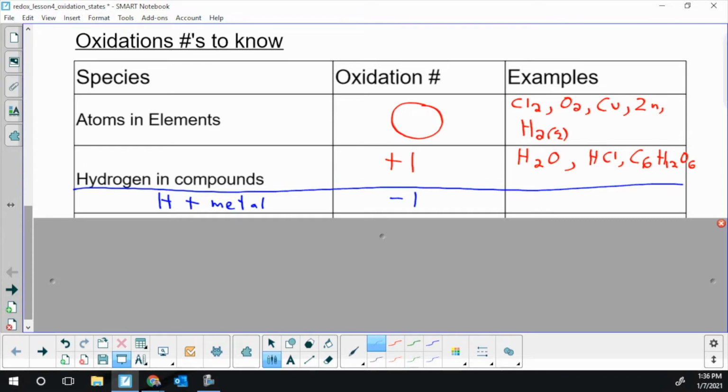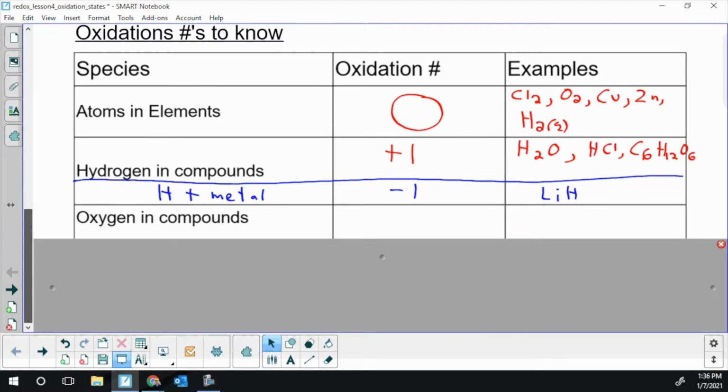So if you had lithium paired with hydrogen, lithium hydride, the lithium would be +1 and the hydrogen would be -1. Then I switch to blue. Probably will never see this, but it's something I have to teach you.